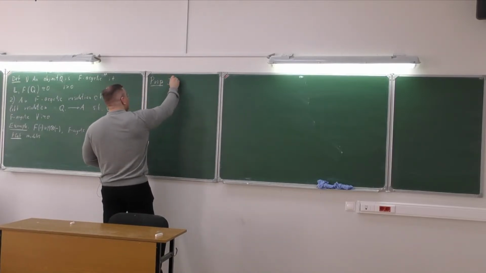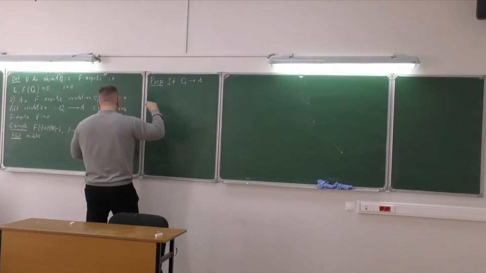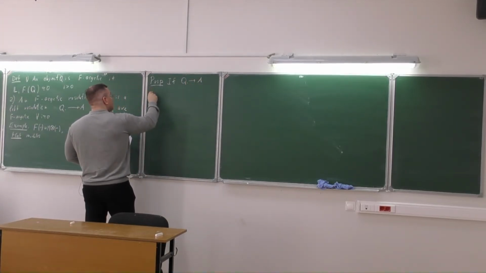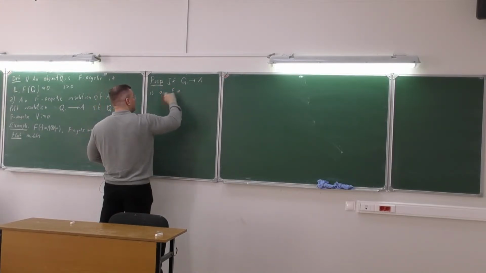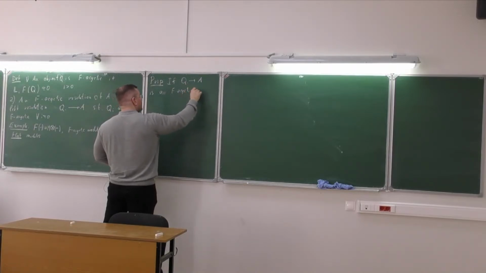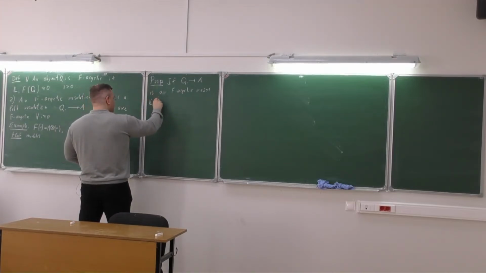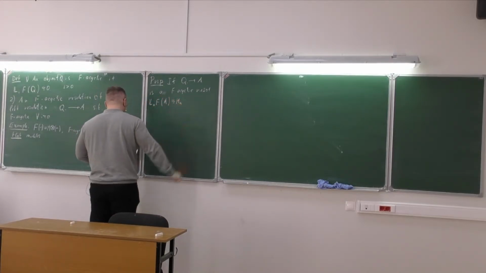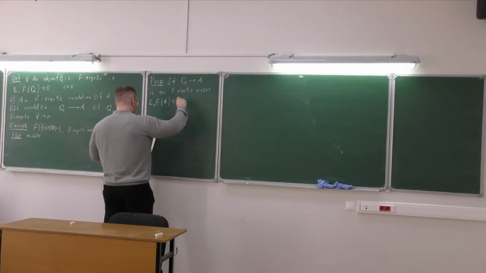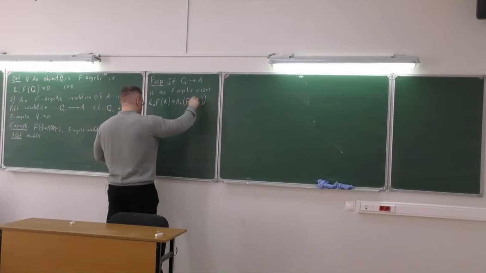So if we have Q, which is an F-acyclic resolution, then the left derived functor with the index n is isomorphic to the nth homology of the functor F applied to the acyclic resolution.